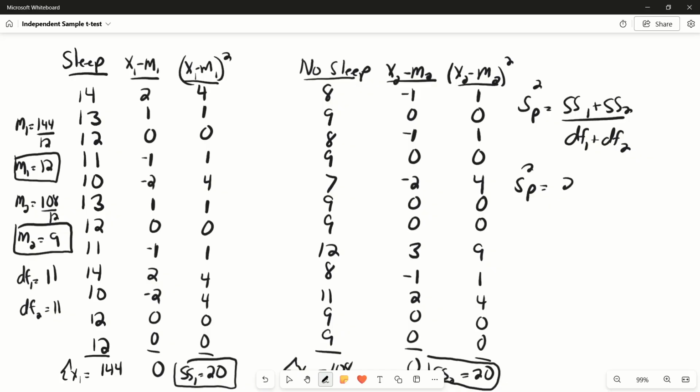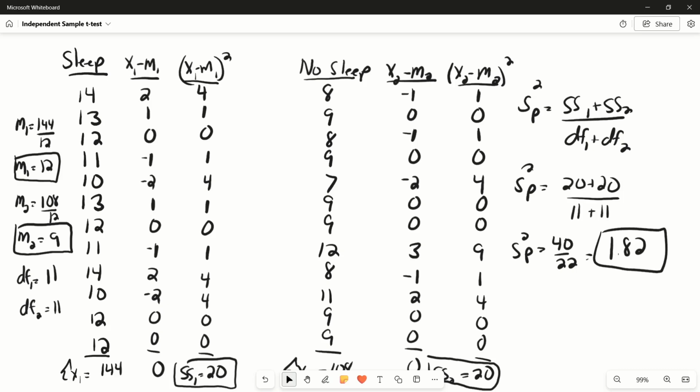Our two sums of squares are both 20, so it's 20 plus 20. Our degrees of freedom are n-1, so they're 11 and 11. So our pooled variance estimate is going to be 40 over 22. 40 over 22 gives us 1.82 as our pooled variance estimate.